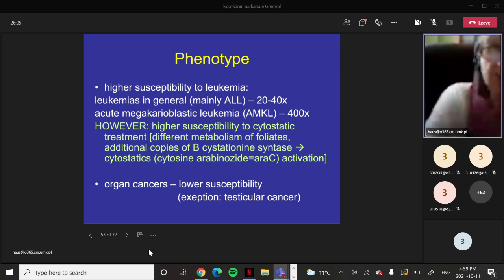The main type is a very rare type of myeloblastic leukemia, which is called acute megakaryoblastic leukemia, AMKL.